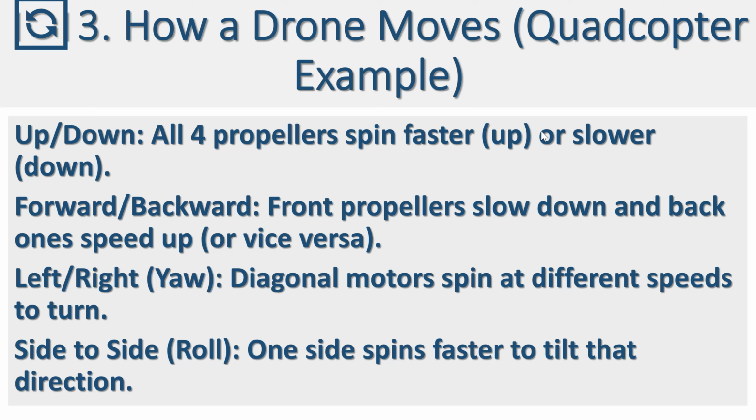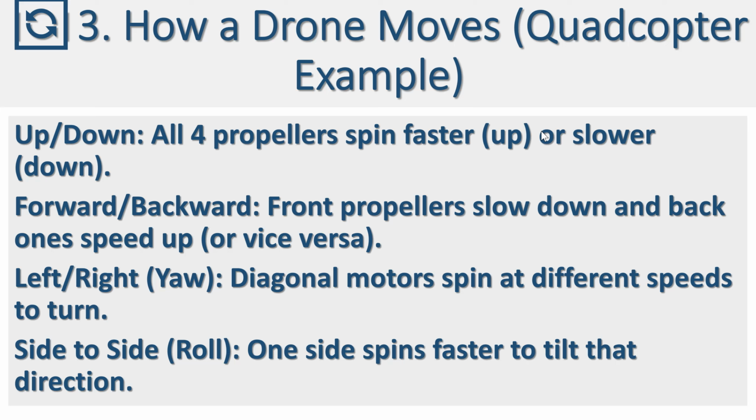How a quadcopter moves. Up or down: all four propellers spin faster to go up or slower to go down. Forward or backward: front propellers slow down and back ones speed up, or vice versa.